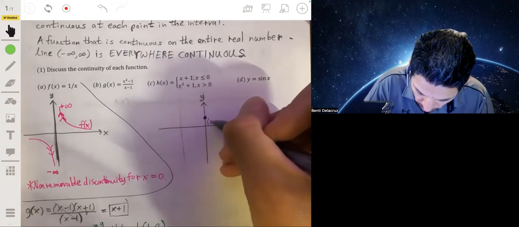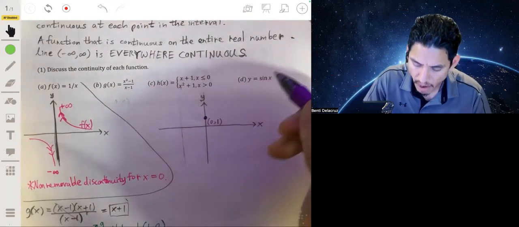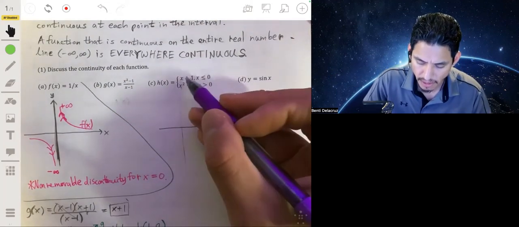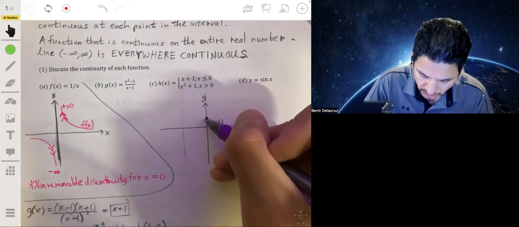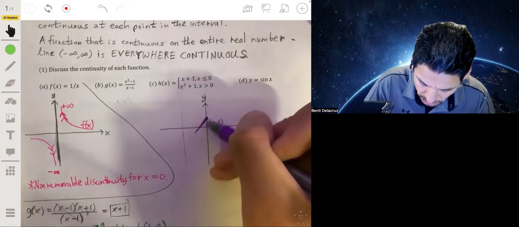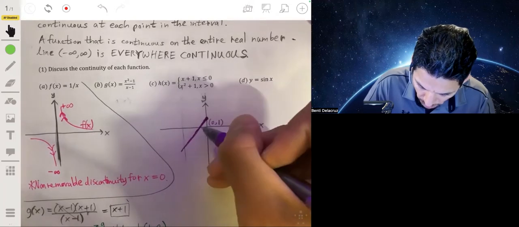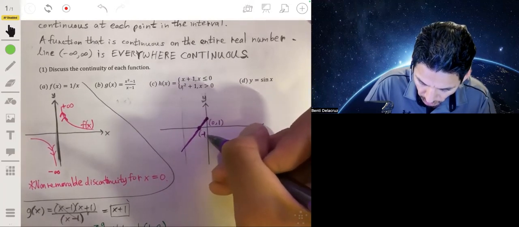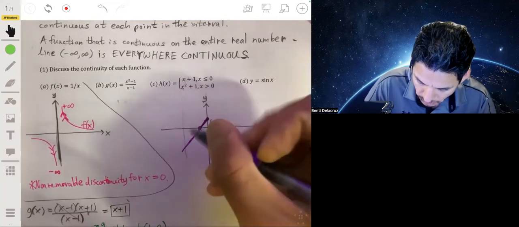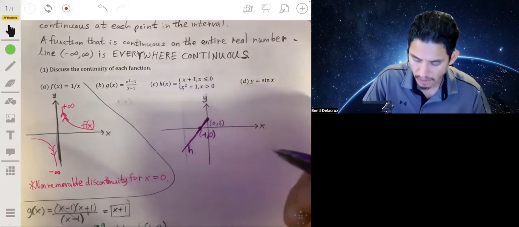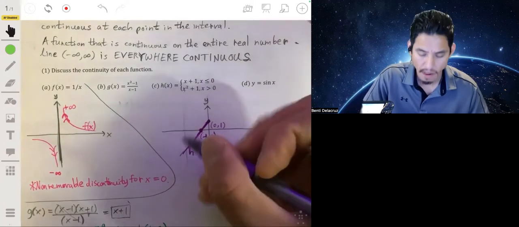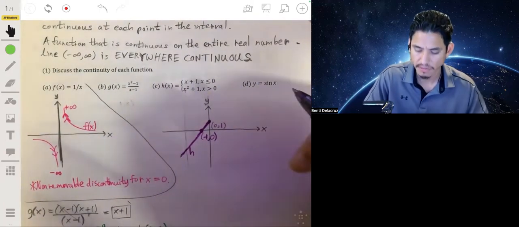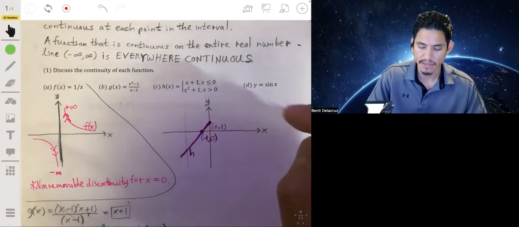The graph will be at 0, 1. Now to the left, it'll be a straight line with a slope of 1, so it'll go through -1, 0. So linear on that side.